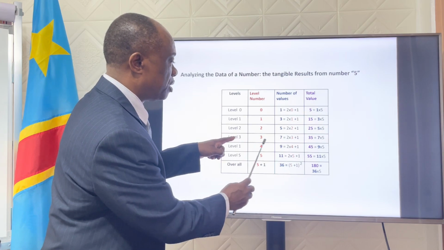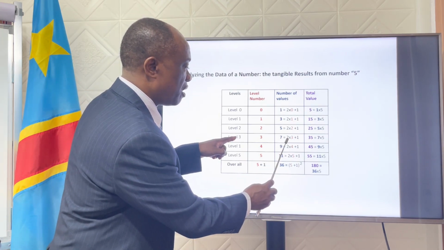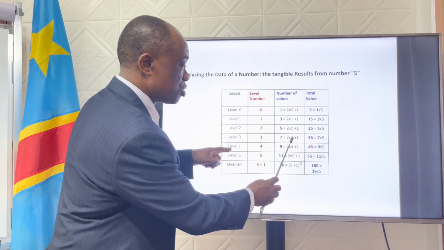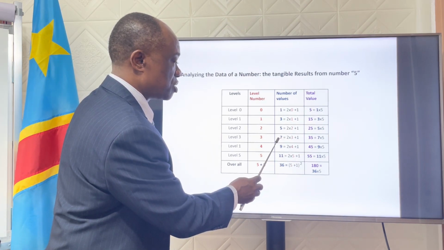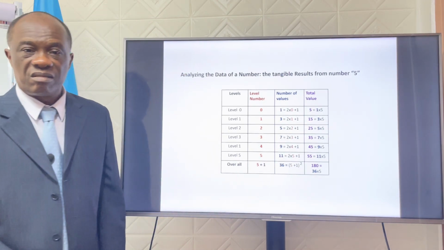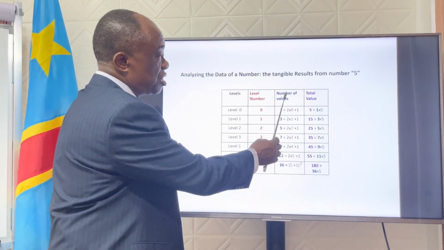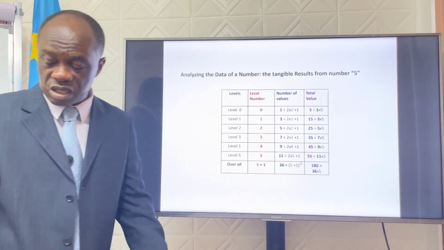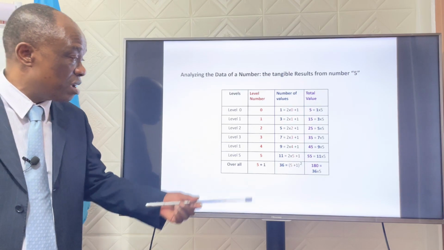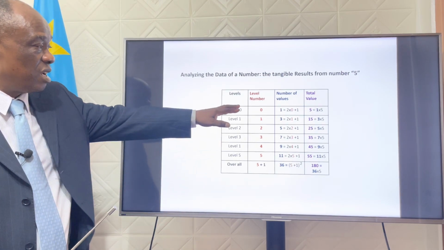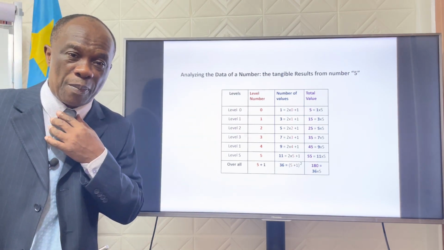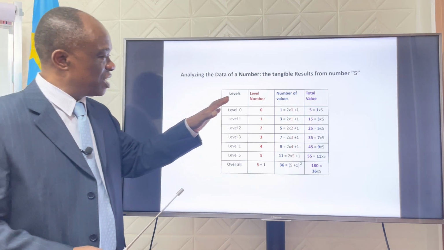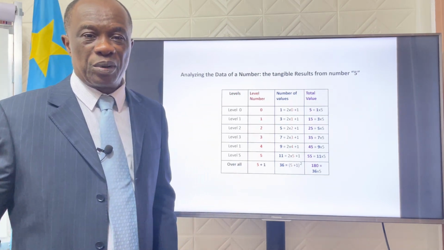Level number 3 times 2 plus 1 is 7. So it's easy to calculate anyway. These are small things. They may look maybe disturbing for some people, but it's very simple. Very simple.